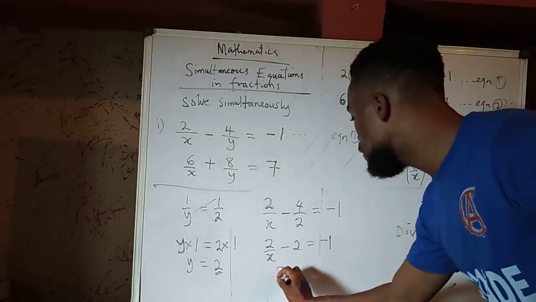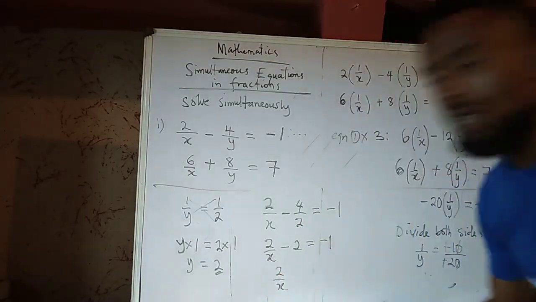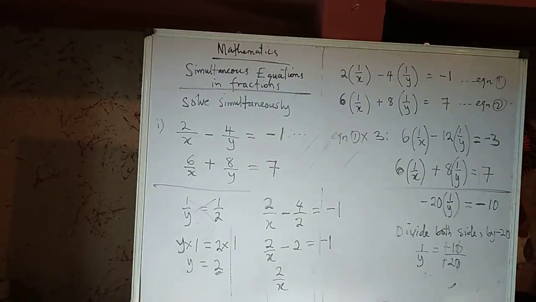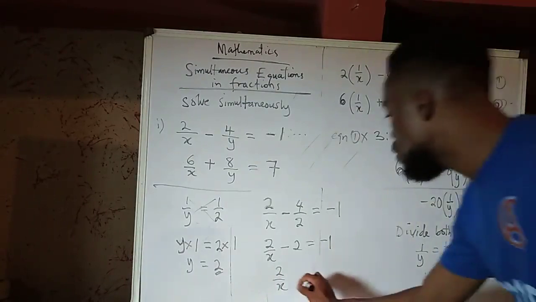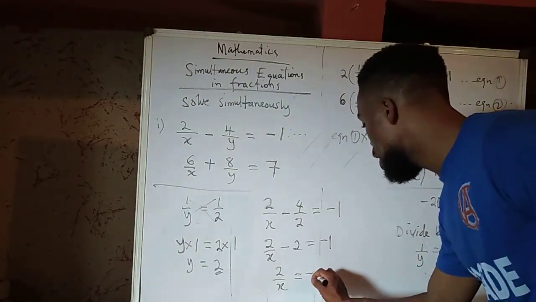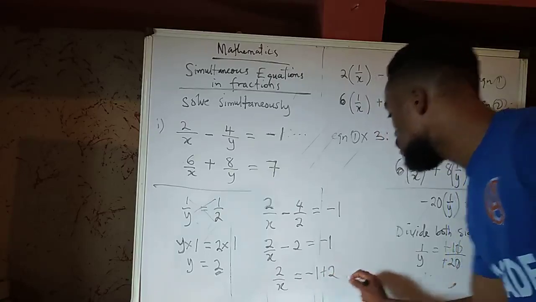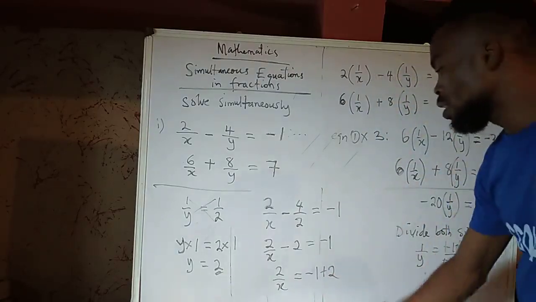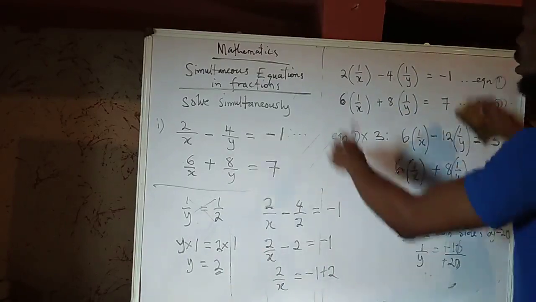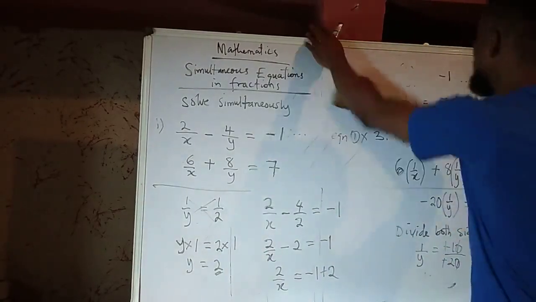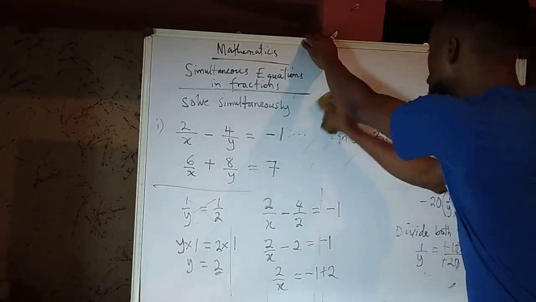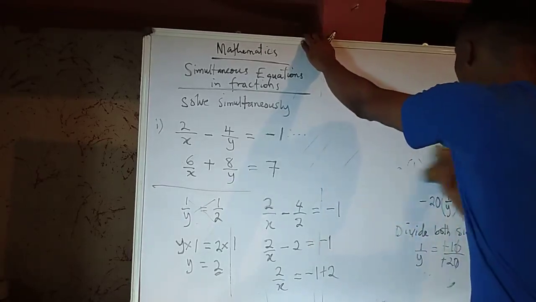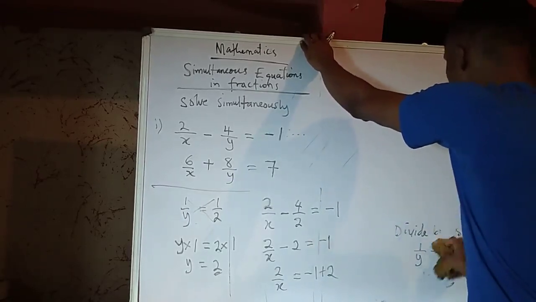So I'm going to have 2 over x. Is my camera covering that part? Yeah. 2 over x equals minus 1 plus 2. Okay, so now I can take down this side so that I can finish up what is here. You can always replay it to get whatever you may be missing.